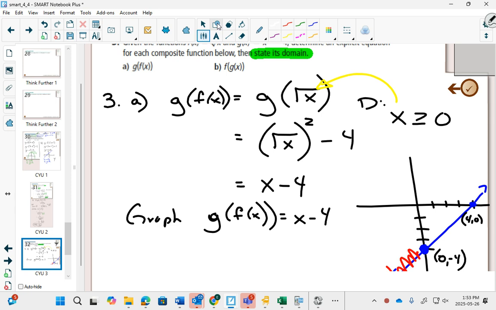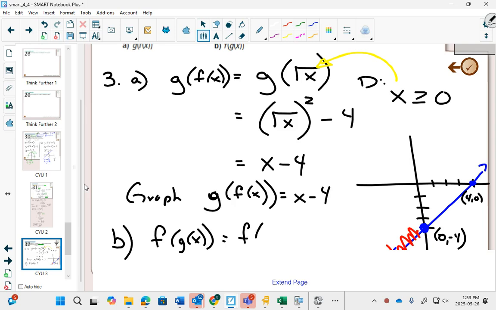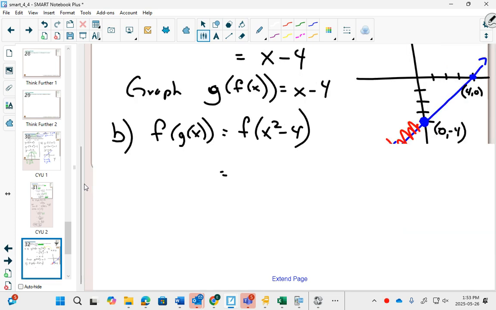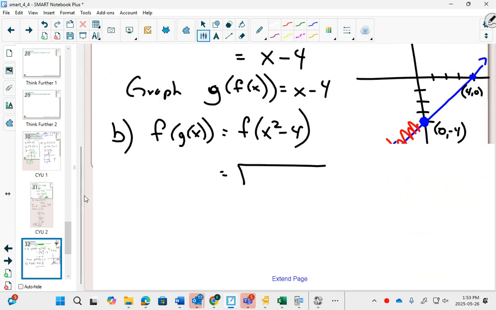Okay, part B. We have f of g of x. Well, g of x was x squared minus 4. So far, no restrictions, right? And then f of that says what f of x was, just the square root of x, so we have to square root x squared minus 4.